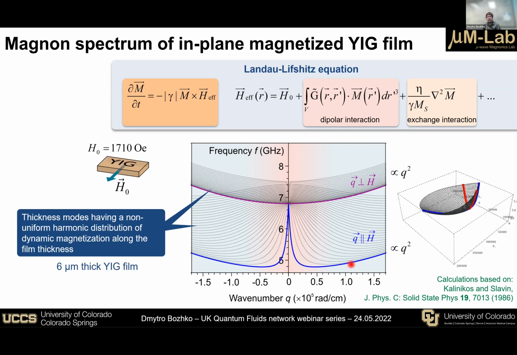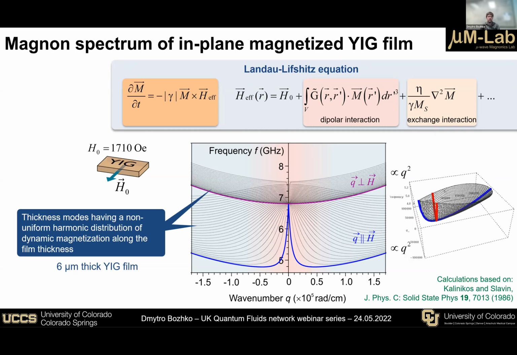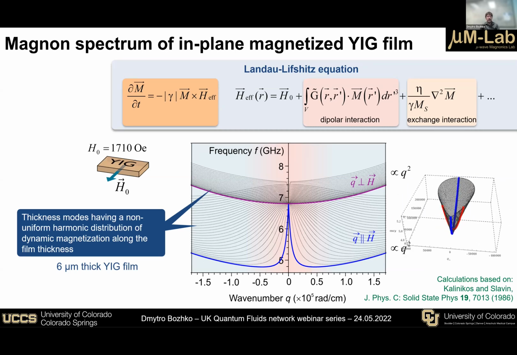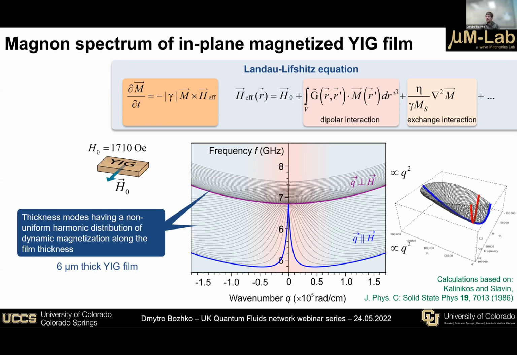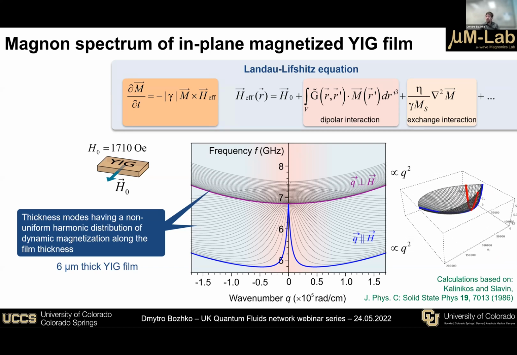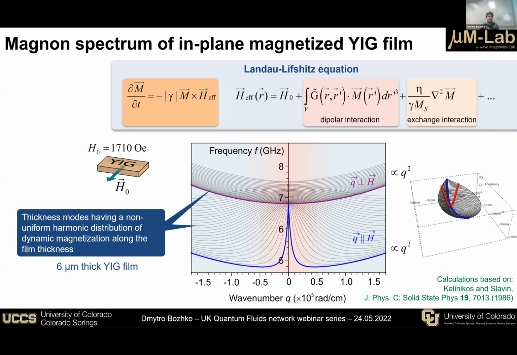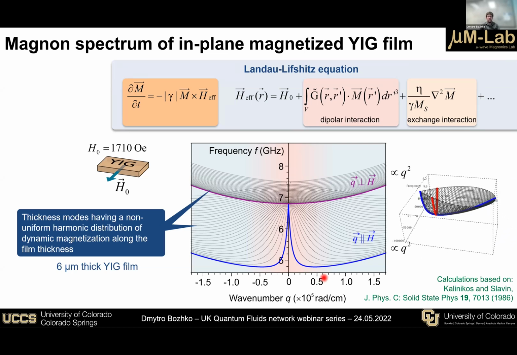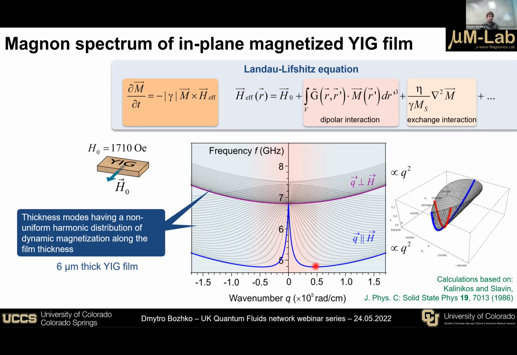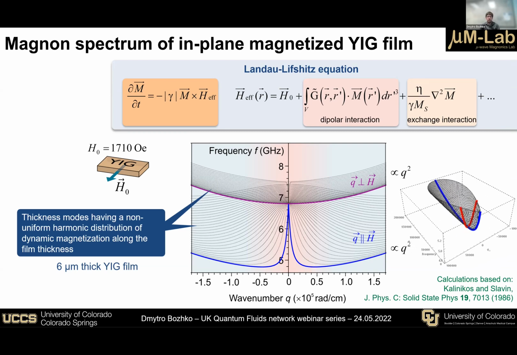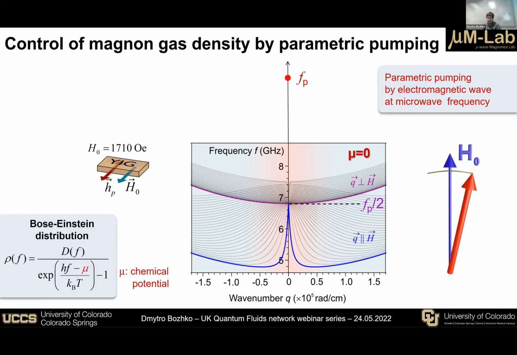This is a distinct feature of the magnonic spectrum, and it is associated with some difficulties in how to actually detect this magnon condensate, which will apparently occur in that minimum. But first, how do we inject more magnons into our system?